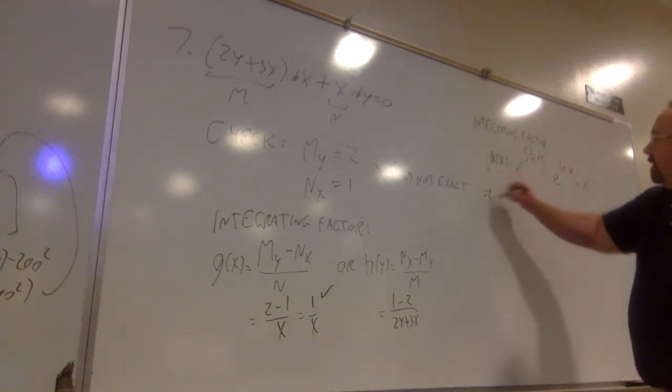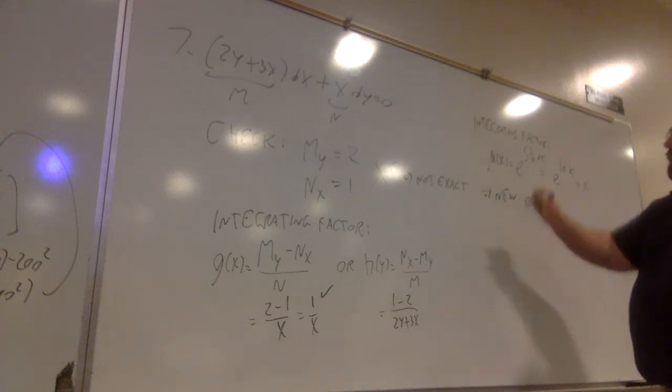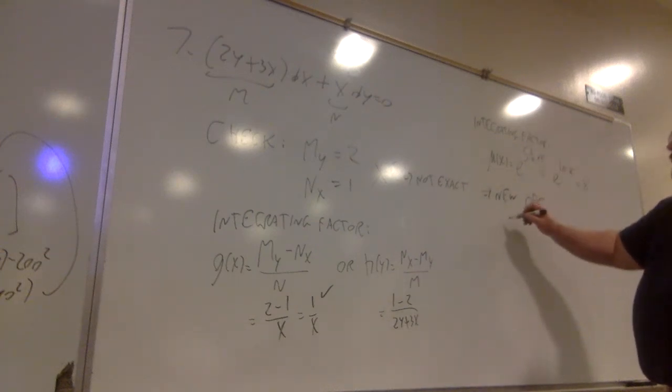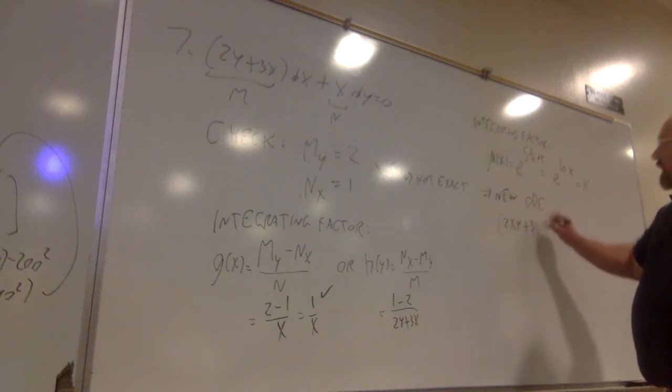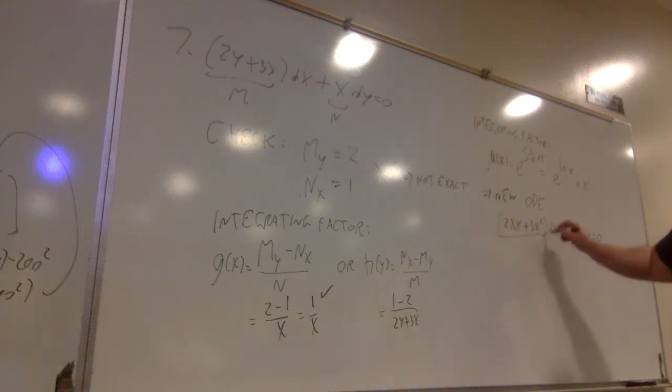So your new ODE, multiply both sides by x: (2xy + 3x squared) dx + x squared dy = 0. It's very important at this point to forget the old M and N. They're useless to you now. This is the new M and the new N.